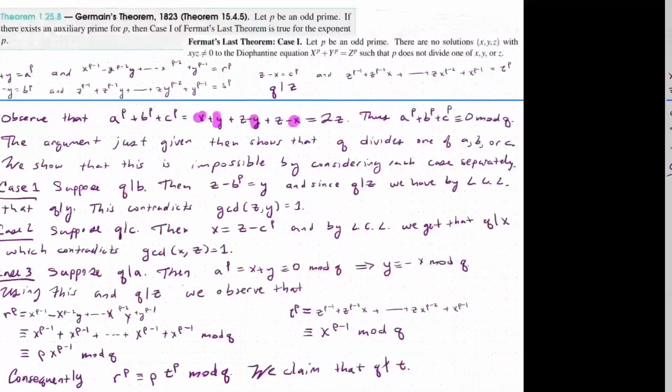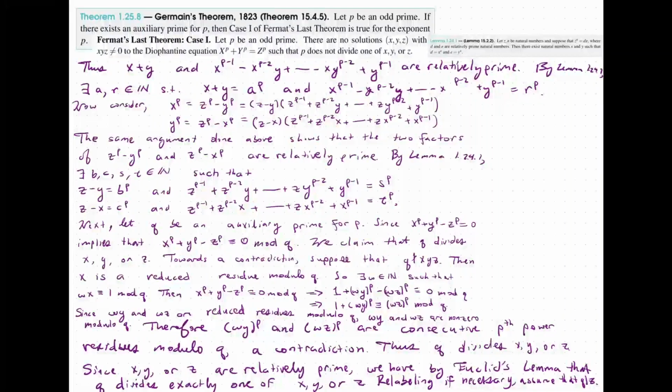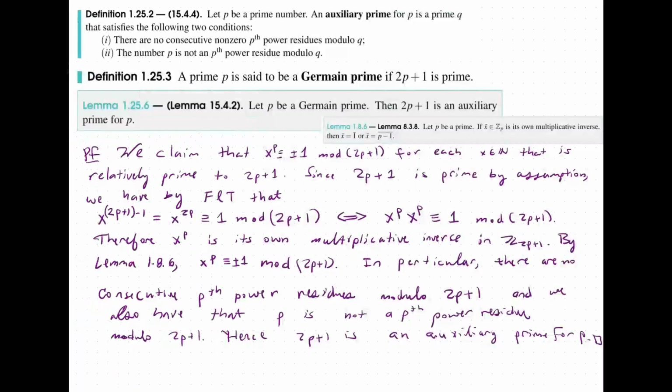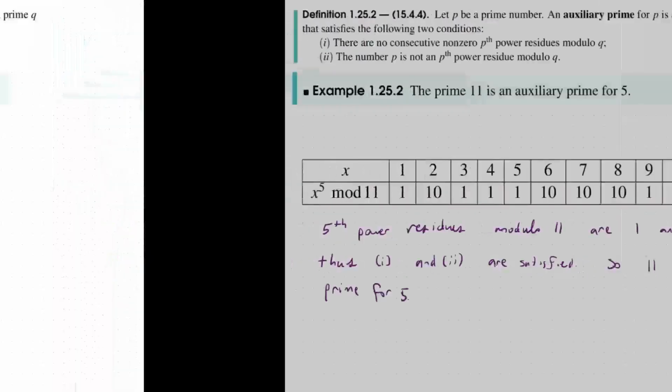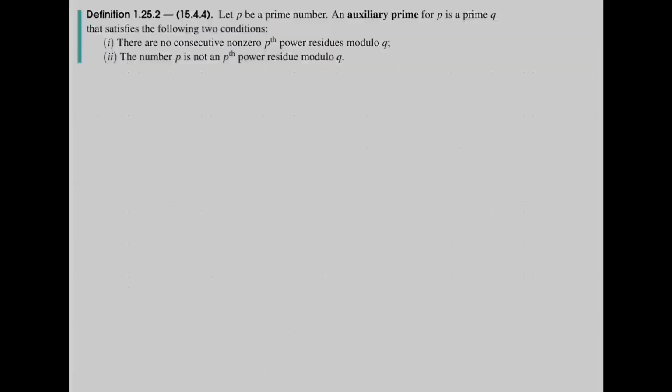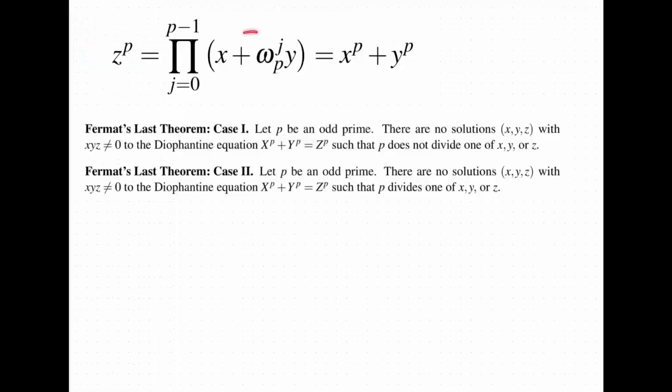And that was the marvelous trick in her argument, is that rather than show that all the factors in the quantity that we have over here are all relatively prime when working over the integers that join p roots of unity.